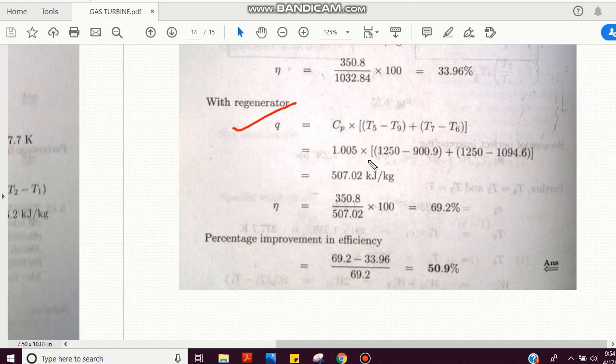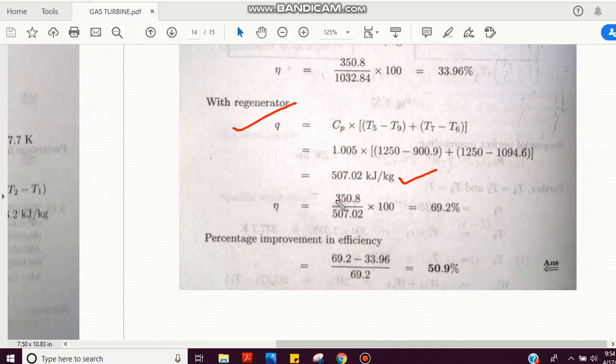So we can simply write T5 value is 1250, T9 value is 900.9. Similarly, T7 value is 1250 and T6 value is 1094.6. So the heat input is 507.02 kilojoule per kg. So the efficiency becomes work done by the heat input.